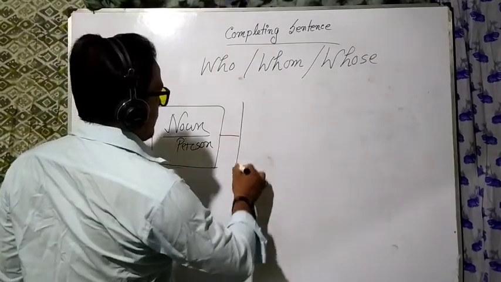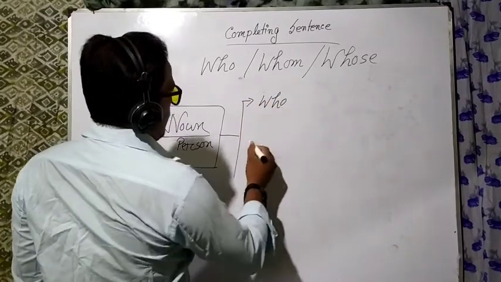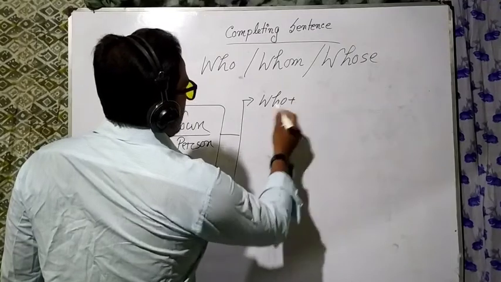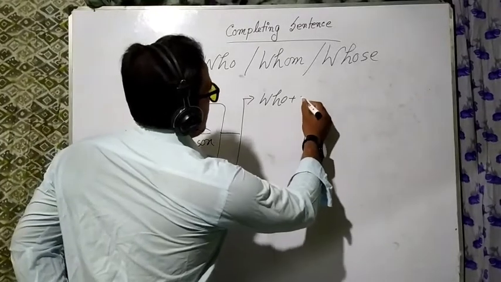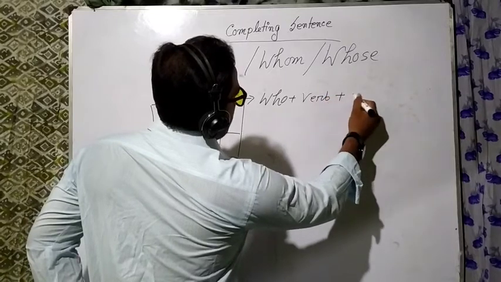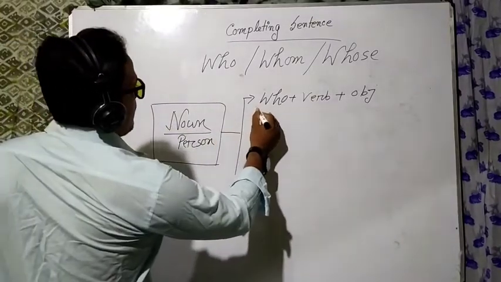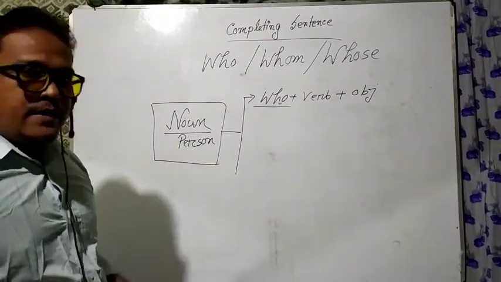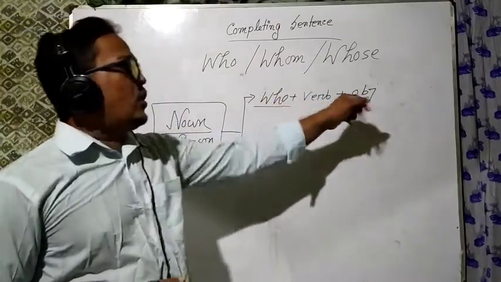If we use who, then before who there is an antecedent, and after it we have to use verb plus object. So we have to remember that if after the antecedent there is a who, then we have to use verb plus object.